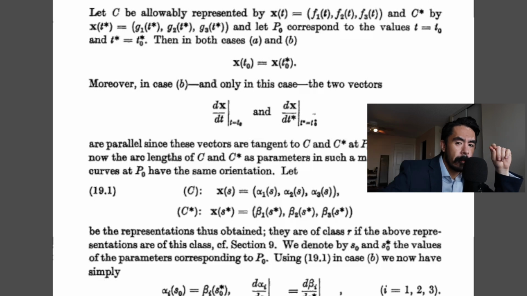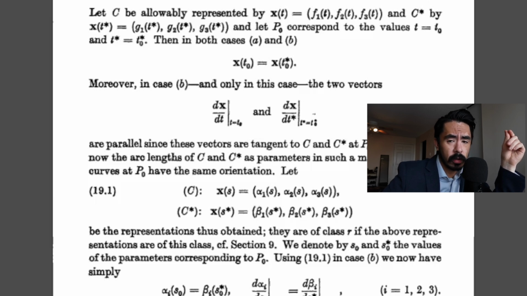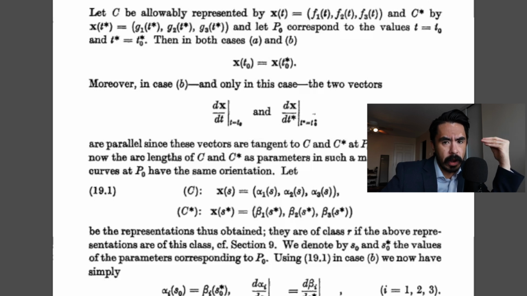So just to give you a recap, so you don't have to go back 3 or 4 videos and then be disoriented in the middle of a math book. Then in both cases, A and B, we have that x of t naught is equal to x star of t star naught. So like I said, just giving more mathematical rigor to the paragraph that was on the previous page.